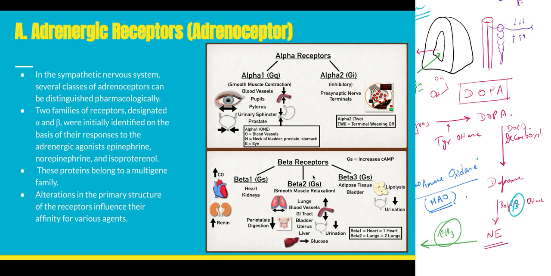So beta 1 goes with one heart. But the heart is one, while lungs are two, so you can remember beta 2 with lungs. Just a funny way to remember. That's it, nothing special. So this is the thing.